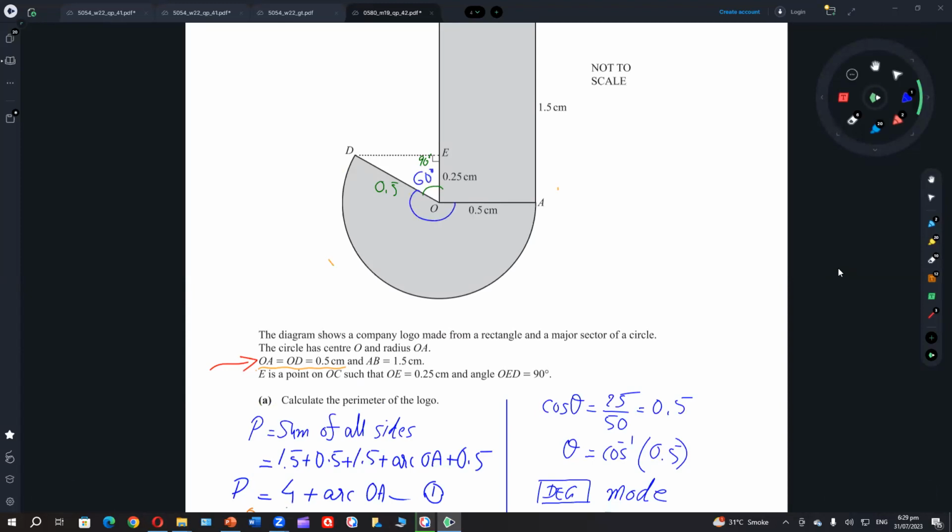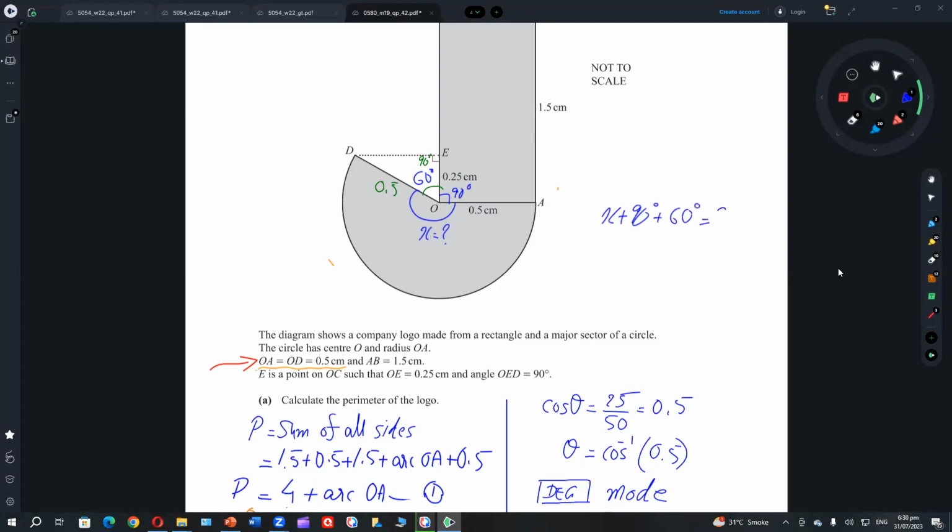Now, I need this angle. I got this angle 60. This is 90. And I need this angle X. Can you help me to find this angle X? X plus 90 plus 60.